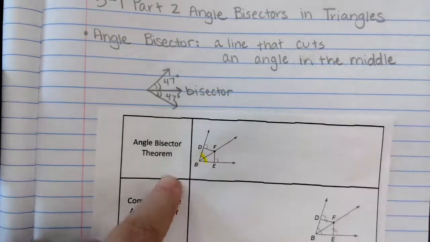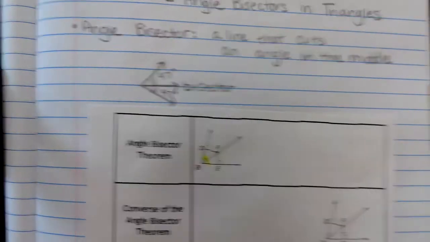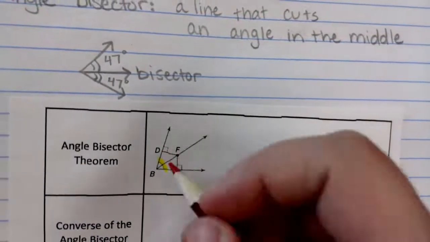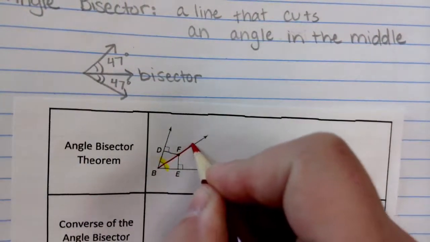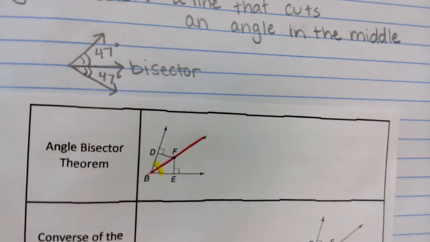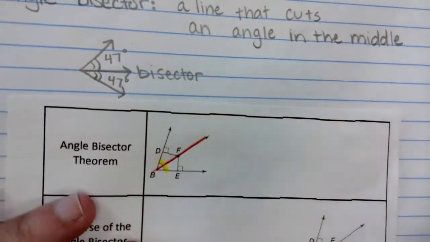So we're going to start with that, which means if the top angle and the bottom angle are congruent, what do we know about this line? Or this ray? Yeah, it's a bisector.